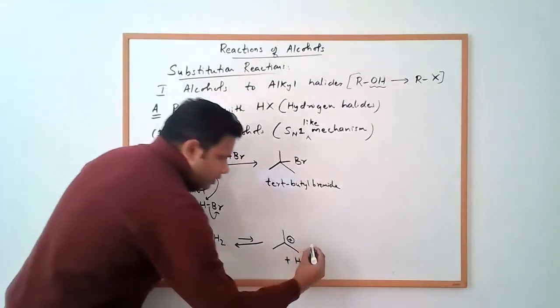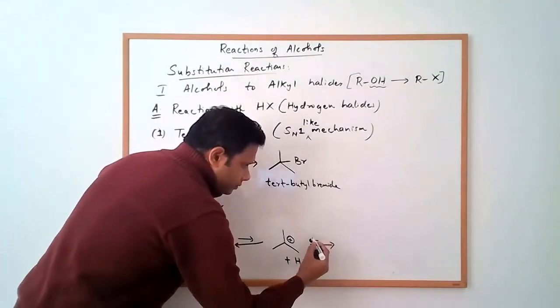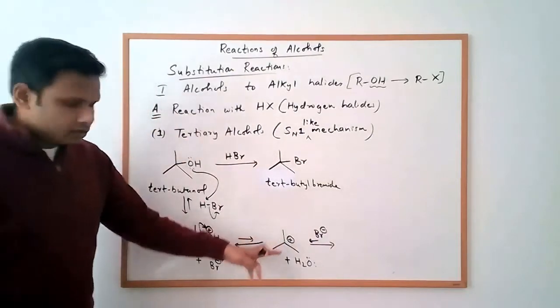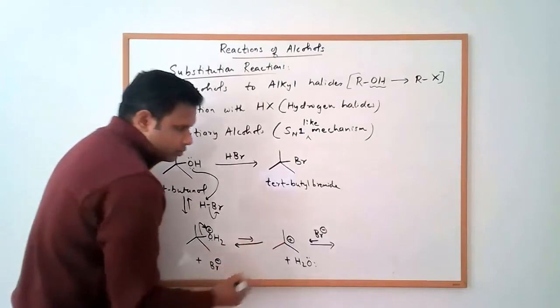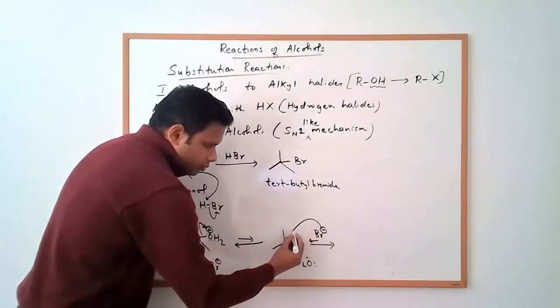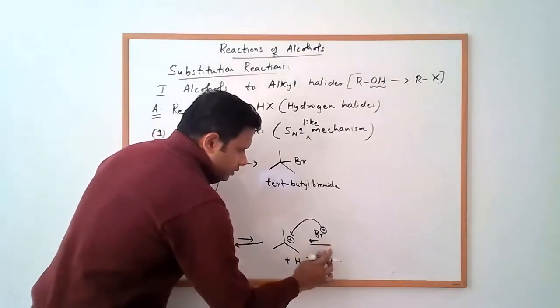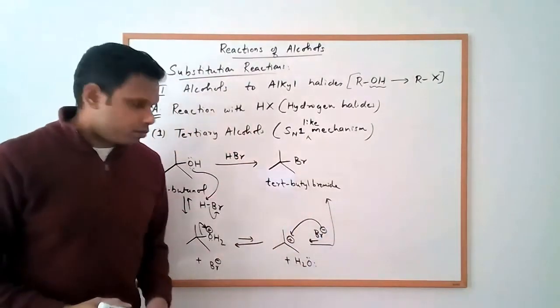And we do have the bromide that we are carrying along from the first step. Okay, so once this carbocation is formed, the bromide can come and attack it. And essentially, at this point, this is giving us the product, which is the tert-butyl bromide.